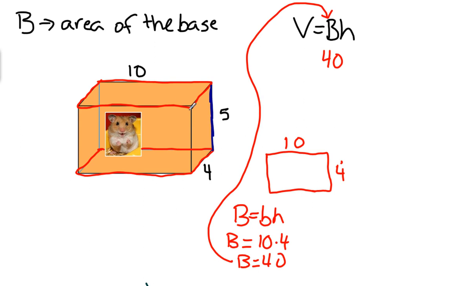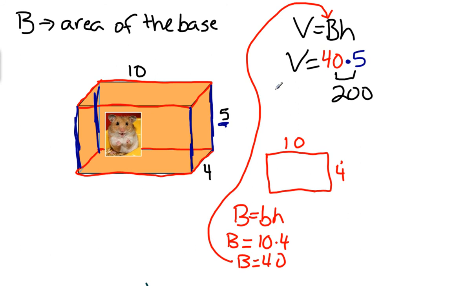You can think of it as the distance between our two bases. That would be any of these lengths here, which all happen to be 5. So the height of the prism is 5. Now to find the volume, we just multiply them together. 40 times 5 is 200.